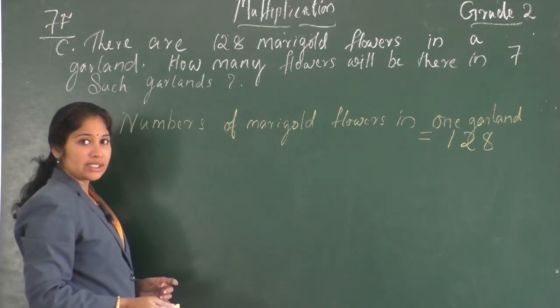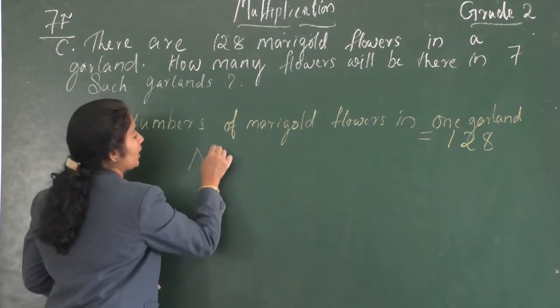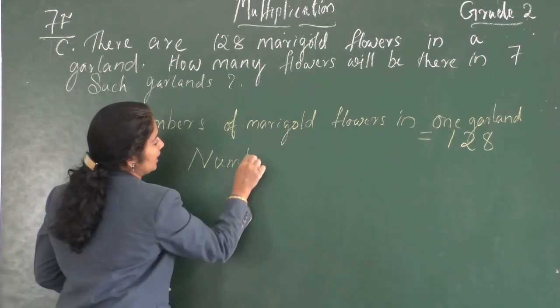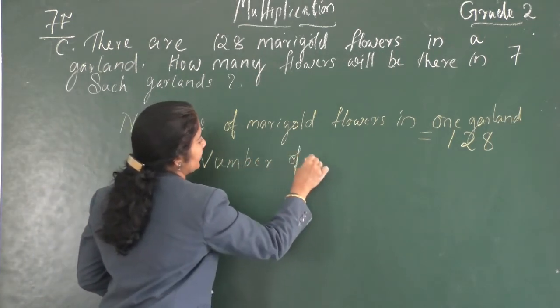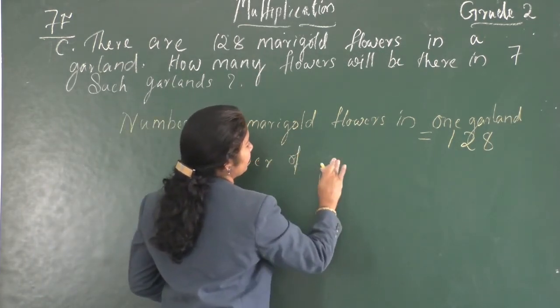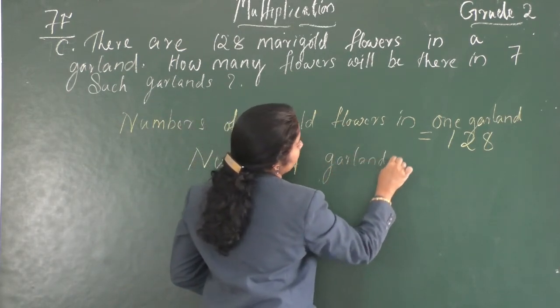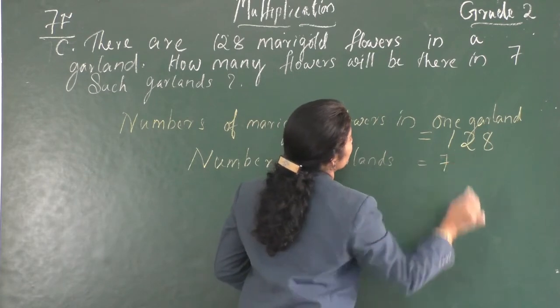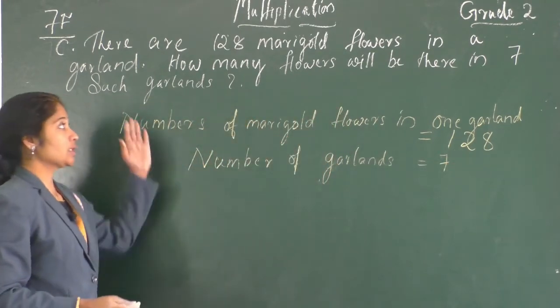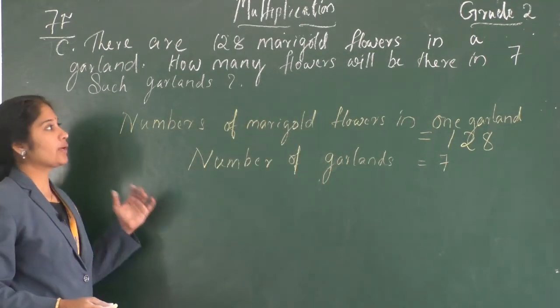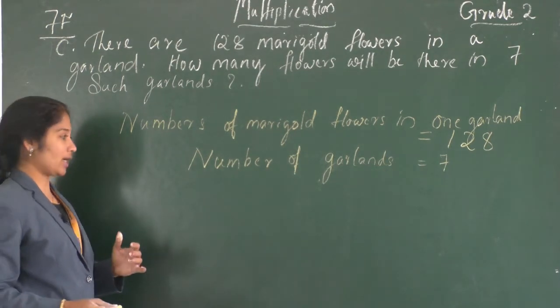Number of garlands is equal to how many? Yes, 7. We have to find the total number of flowers in 7 garlands.